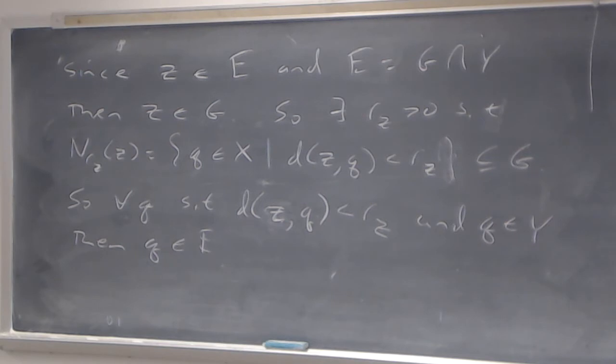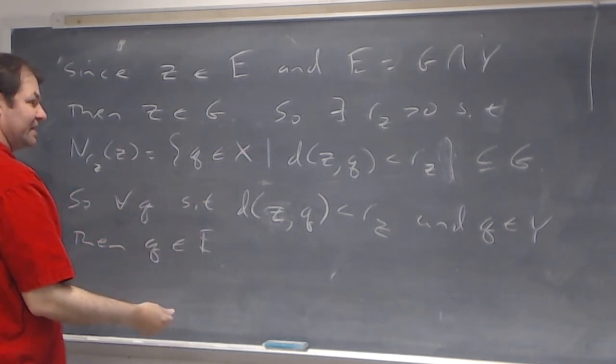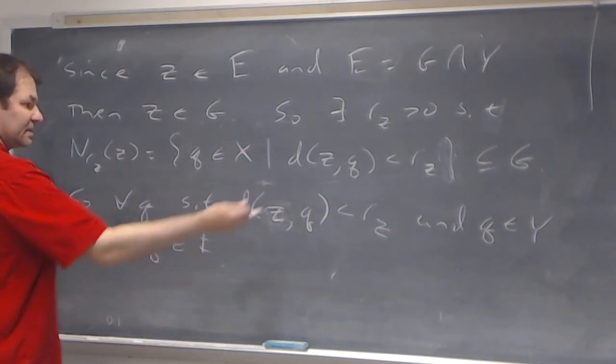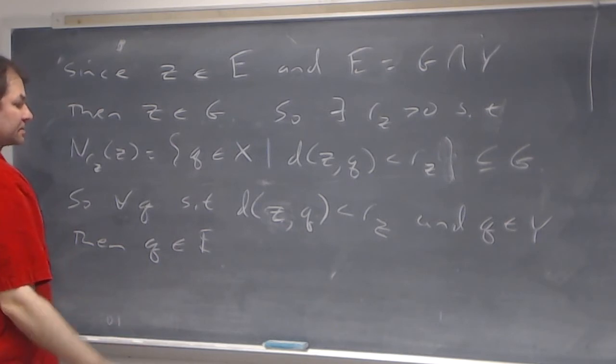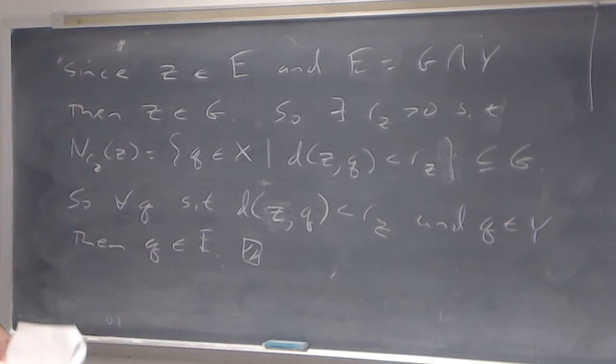That's it. The reason that that is true, of course, is that this Q is going to be contained in G, okay? And it's going to be contained in Y. And so that's what it means to be in E. So that's the proof.